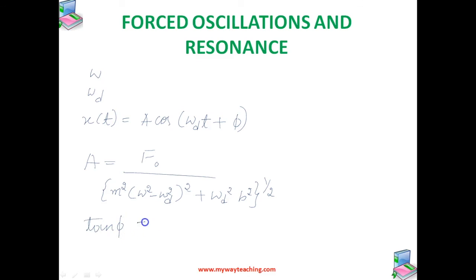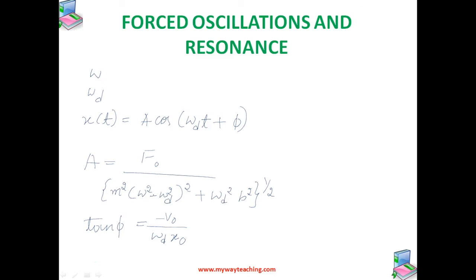And tan phi is equal to minus v naught by wd into x naught, where m is the mass of the particle and v naught and x naught are the velocity and displacement of the particle at the time t equal to 0, which is the moment when we apply the periodic force.